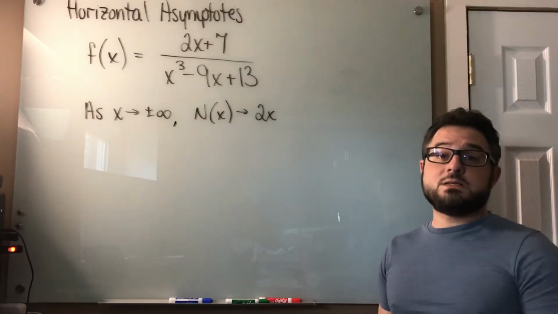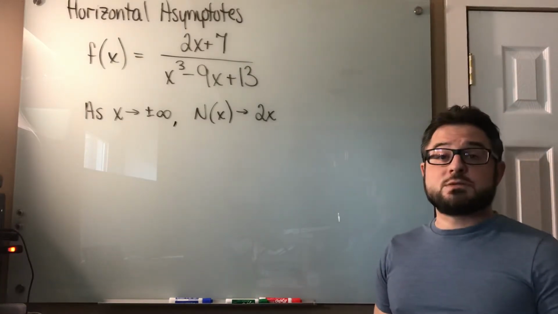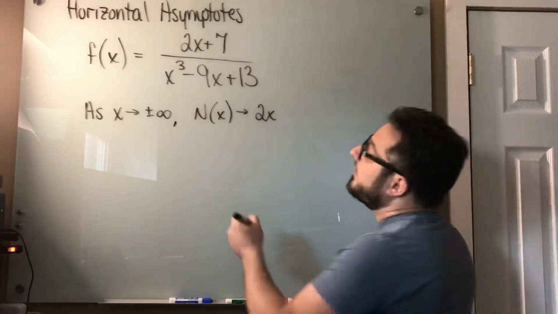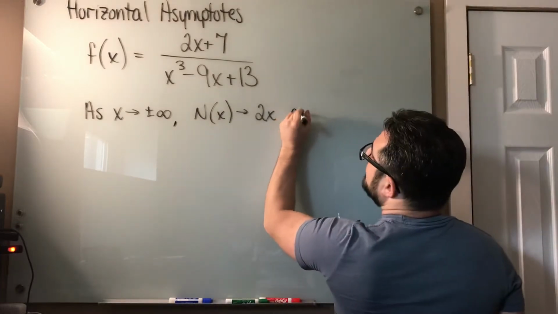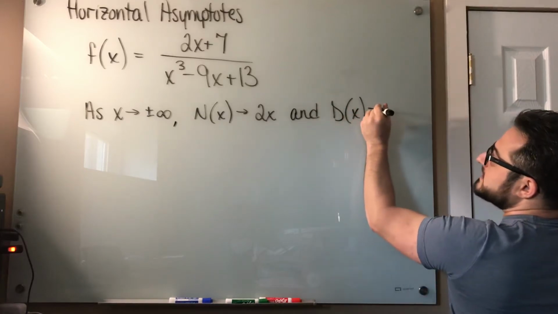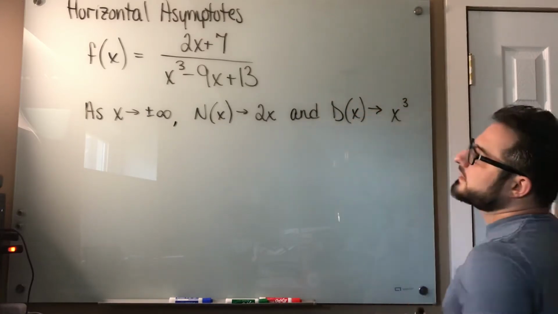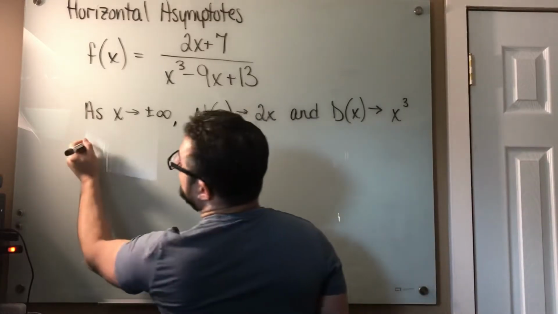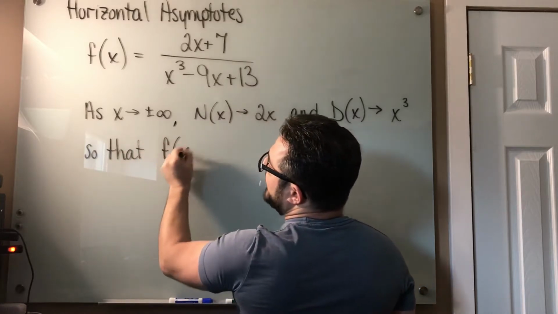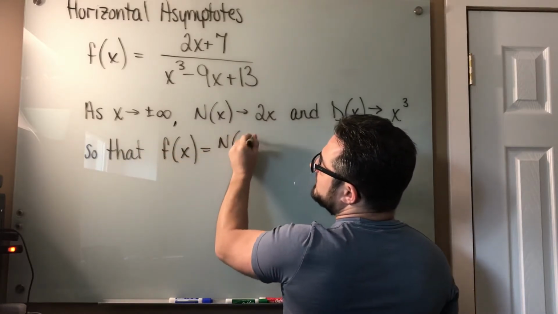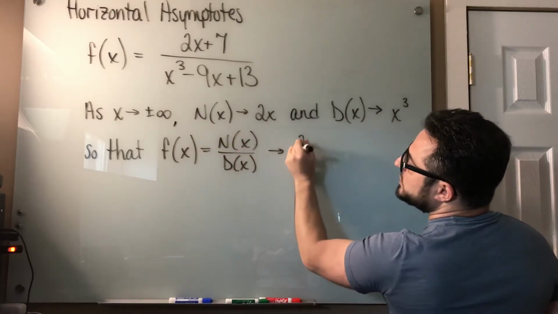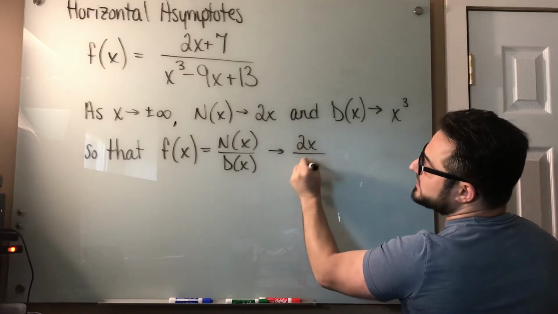Whatever 2x does, that's what the numerator is going to be doing as far as getting larger or smaller, and the denominator is a polynomial, so it does what its largest term does. Taken together, we can say that the rational function, which is the fraction of these two polynomials, would then approach 2x in the numerator and x cubed in the denominator.